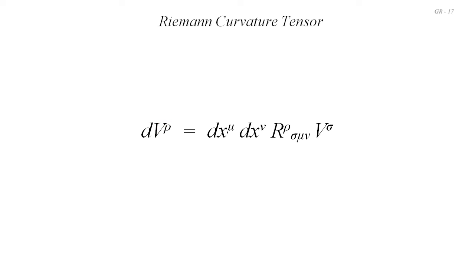Each of these equations will have four terms, sigma running from 0 to 3. In principle, there are 16 independent loops for mu nu that you could choose, and so 16 lots of the 4 dv components, although in practice there are only really 6 independent two-dimensional planes within which to make those loops.